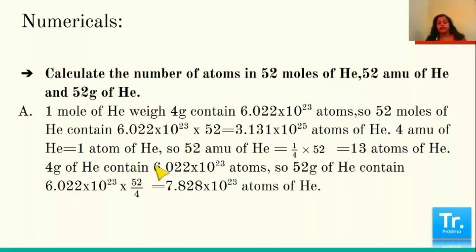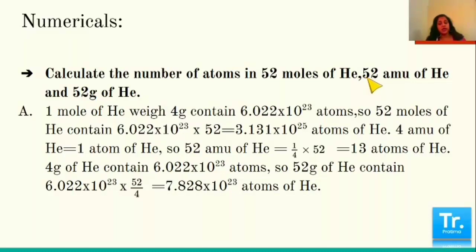Okay. And next one was 52 grams. So 4 gram means, see, atomic mass, 4 gram of helium contains Avogadro's number. Therefore 52 gram of helium will contain, again unitary method, calculate and write the answer. So it is 52 moles, so directly multiply.